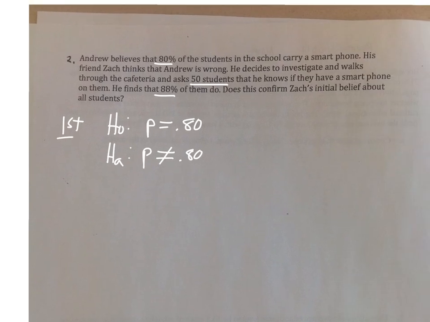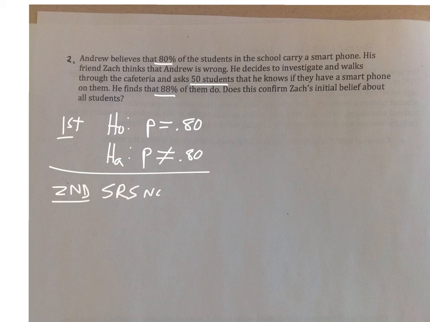Okay, on to the second step. It's not a simple random sample. It was a convenience sample. He just asked his friends or people that he knew. Do we have enough in the sample? Well, 80% of the 50 should be greater than or equal to 10. And that is true.